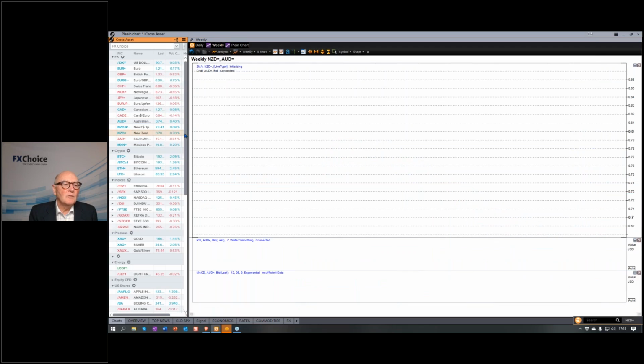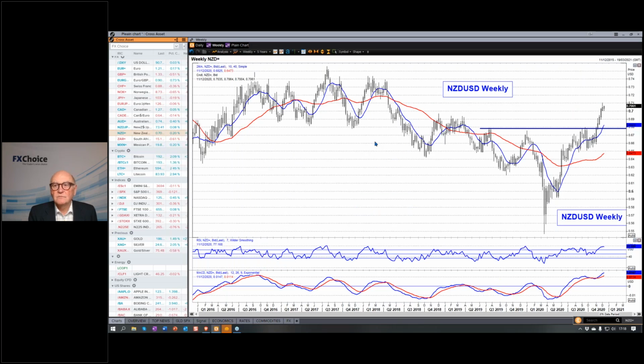New Zealand dollar, which of course we like a lot, and this is the weekly chart of it here now. Impulse, reaction, impulse here. I could do the same here, which would take us through these highs here. We've cleared these tops from back in 2019.